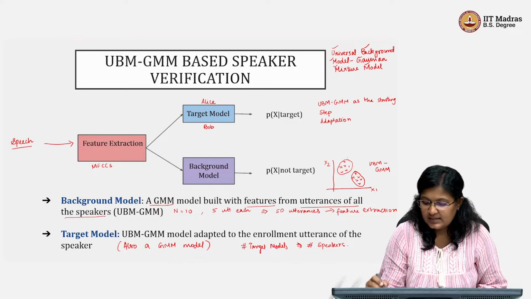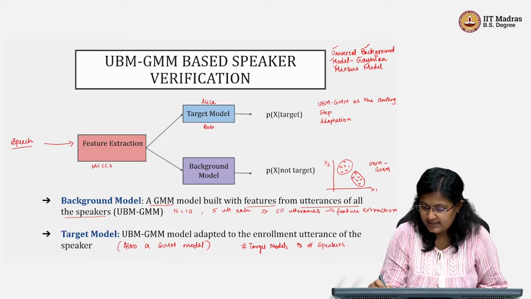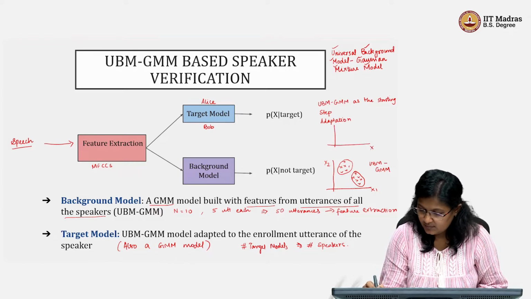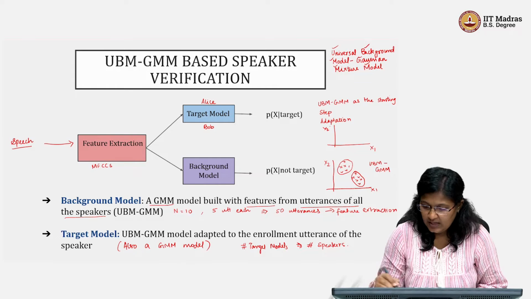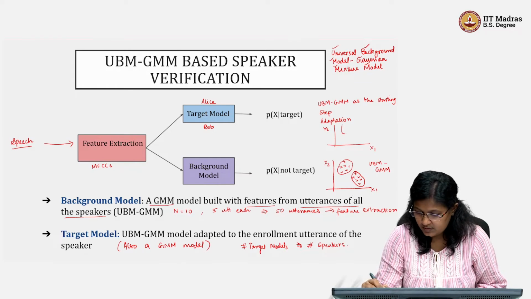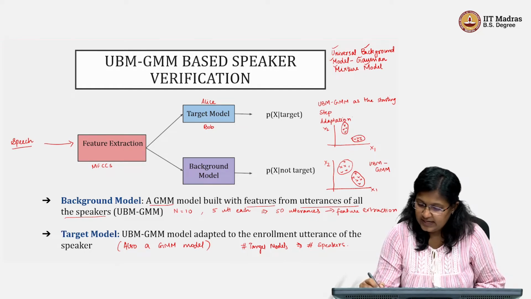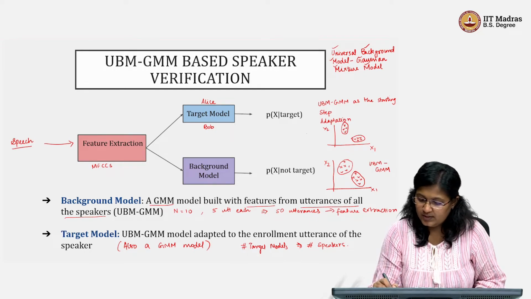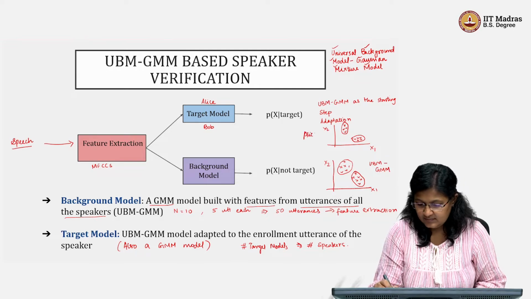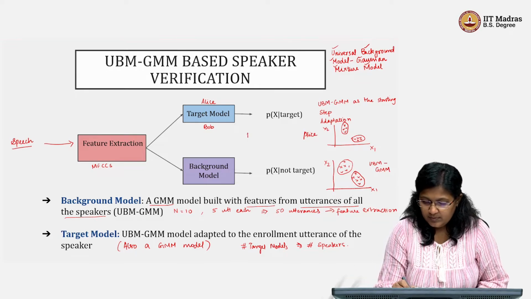wherein the clusters, this mixture that's there, after adaptation might look something like this, based on the speaker. Let's say after adaptation, this is what it looks like for Alice. For Bob, it might look something like this.